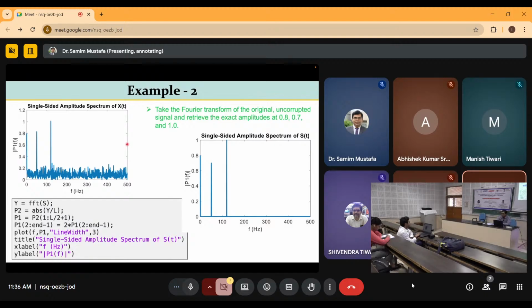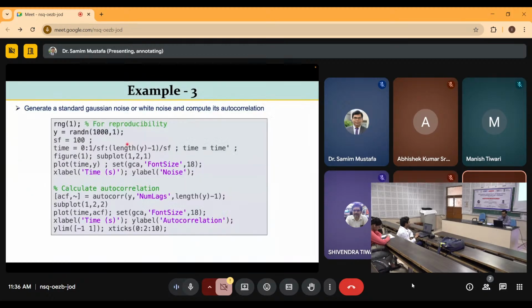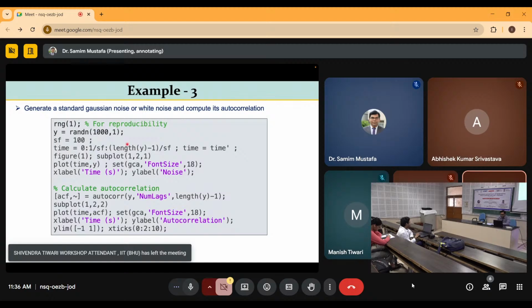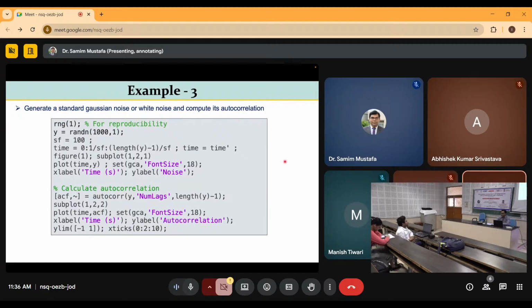Next, let's go to example number 3. You will check whether the noise is really white noise or has some correlation. First we will generate randomly distributed Gaussian noise, or normally distributed Gaussian noise, or white noise, and compute its autocorrelation.